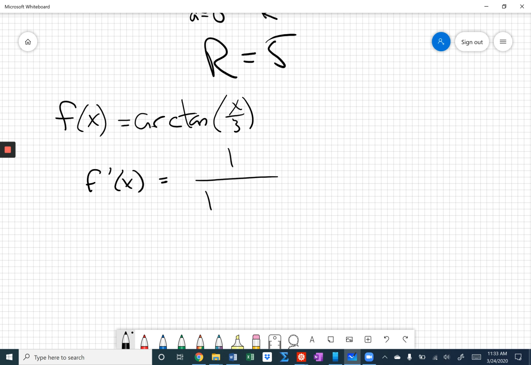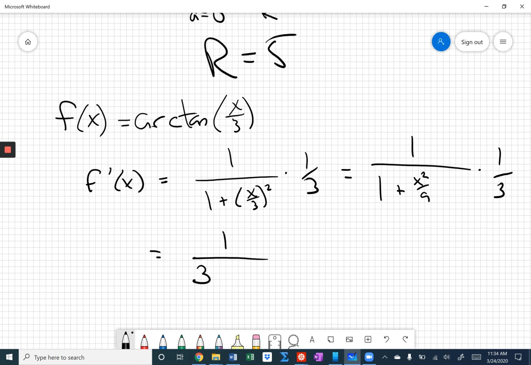So it's 1 over 1 plus the input squared times the derivative of the input times 1/3. And so if I work this out a little bit, I get 1 over 1 plus x squared over 9 times 1/3. And so this is going to be 1 over 3 plus x squared over 3.